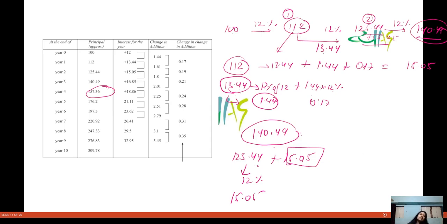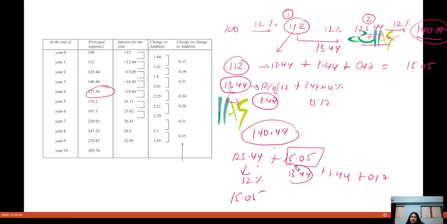Okay, 12% of 15.05. Okay, fine. How can you calculate 12% of 15.05? Now you already know 13.44 plus 1.44 plus 0.17 is your 15.05.